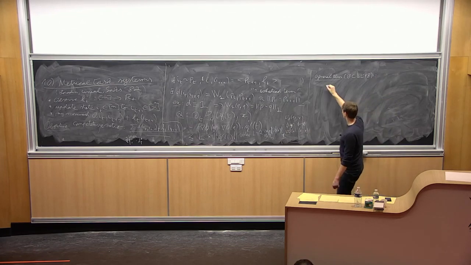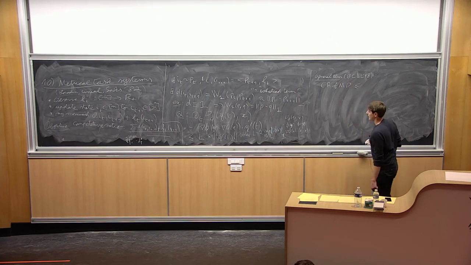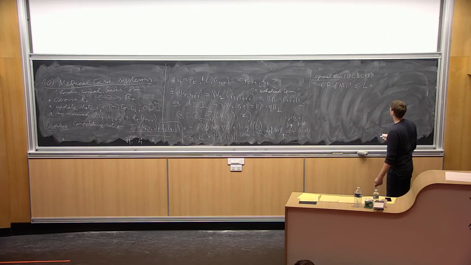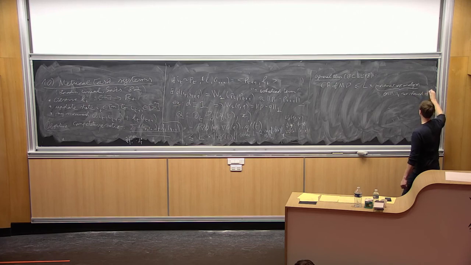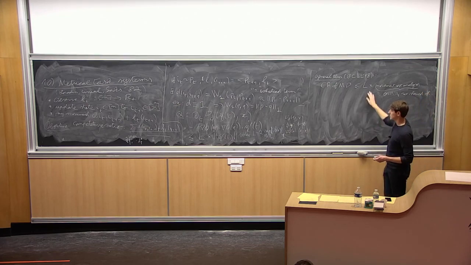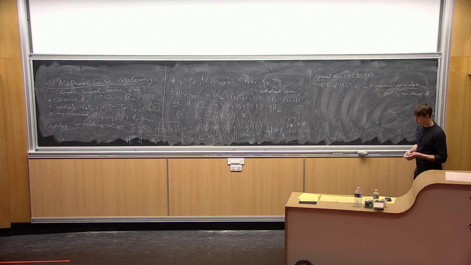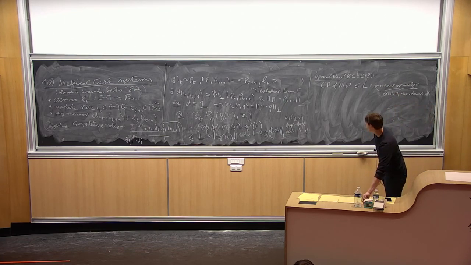The theorem is that the competitive ratio of mirror descent is bounded by L times the movement cost analysis. And for L1, we showed that this was a constant. I won't explain more than that. So really, it's all about the Lipschitz constant. But right now, the Lipschitz constant could be big. I wish I had time to explain this in more detail, but I don't want to hold you.